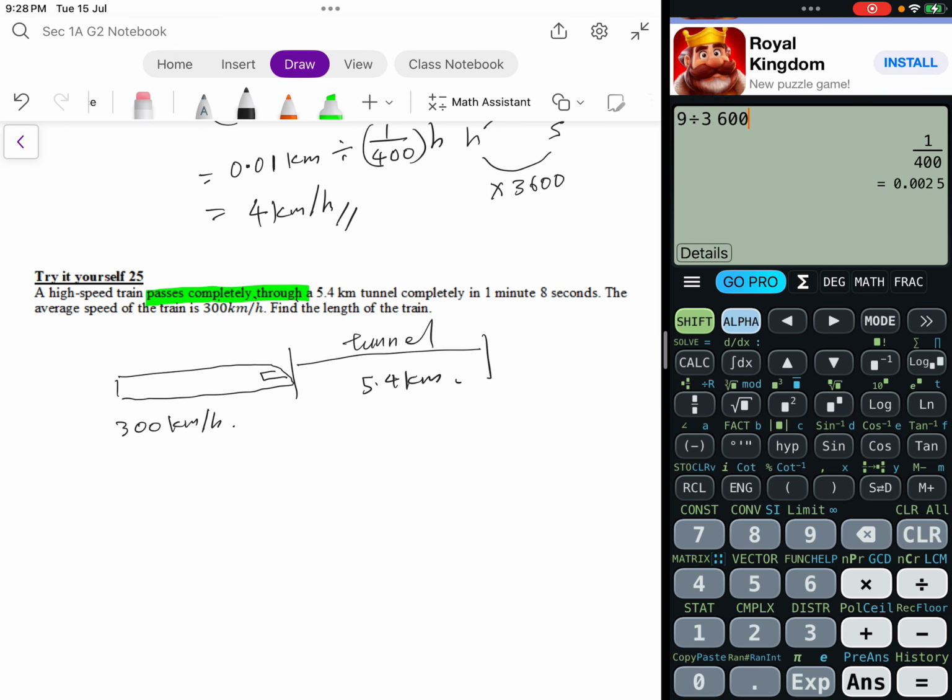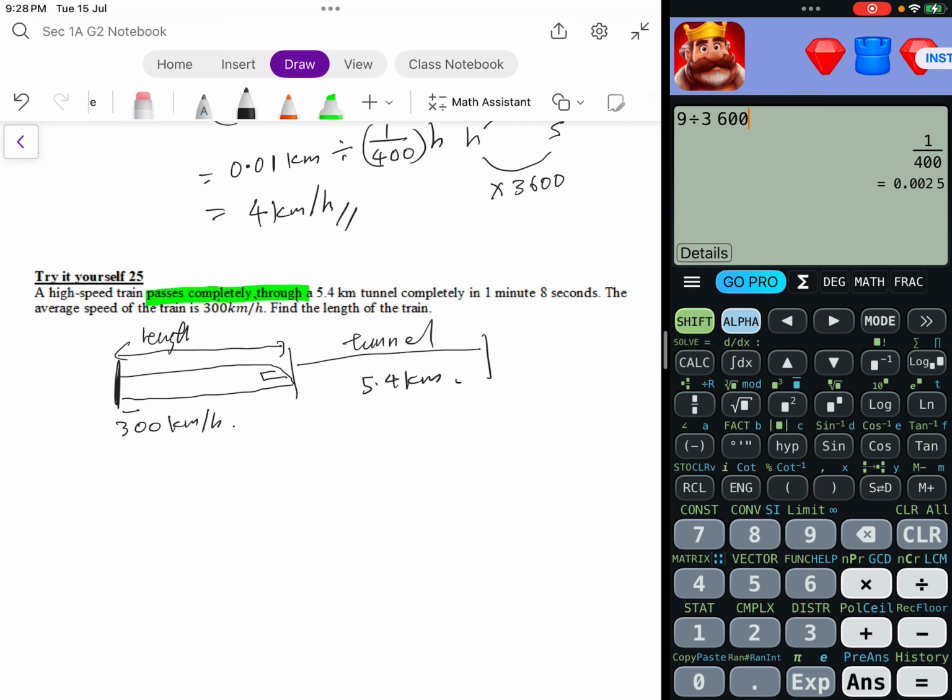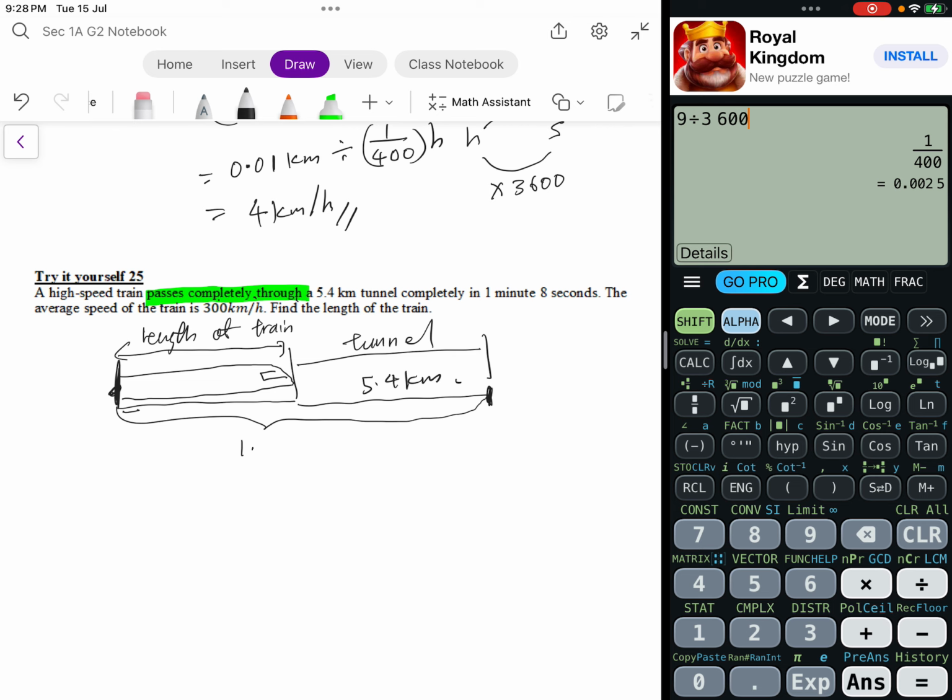From here, the back of the train has to travel this distance, the length of the train, before it enters the tunnel and then exits. So this whole distance traveled by the back of the train is in 1 minute 8 seconds.